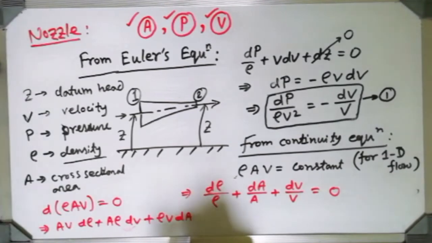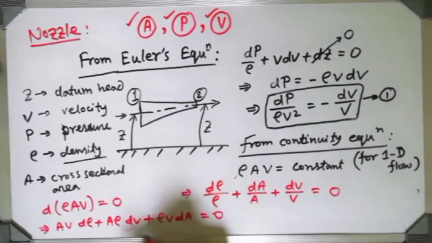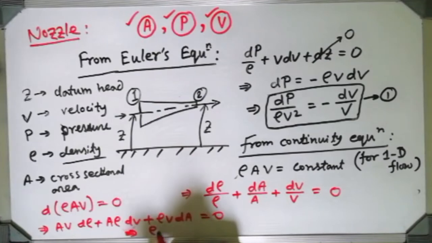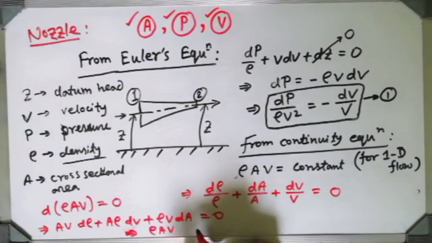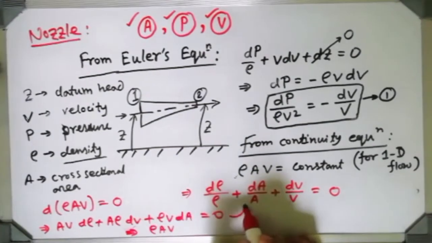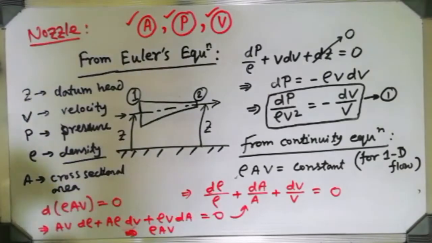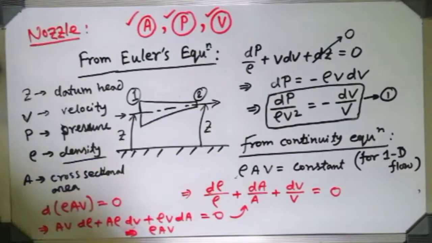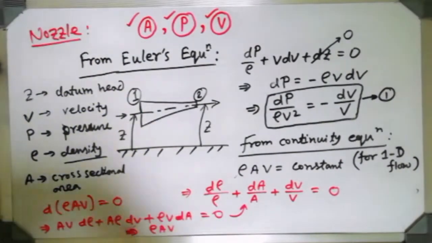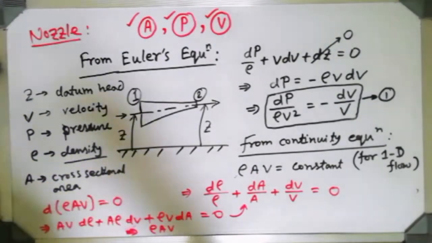Now just take rho AV common forcefully. So take a common of rho AV, then this equation will be converted into this form. Have you understood or not? Tell me. If you take rho AV common, allow me to take some breakfast because I haven't done anything.